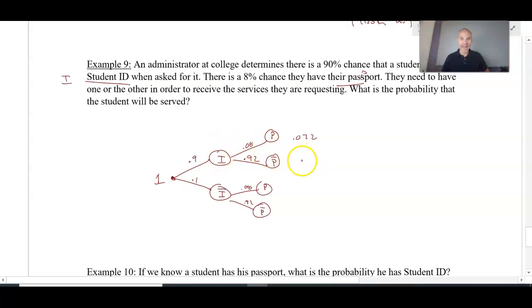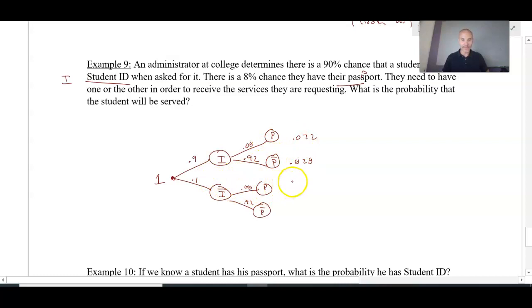Now the other 92% of that, or 92% of 90%, which would be 0.9 times 0.92 comes out to 0.828.